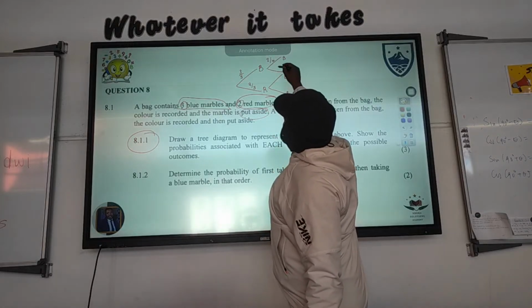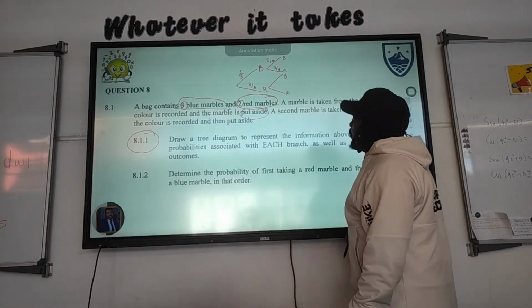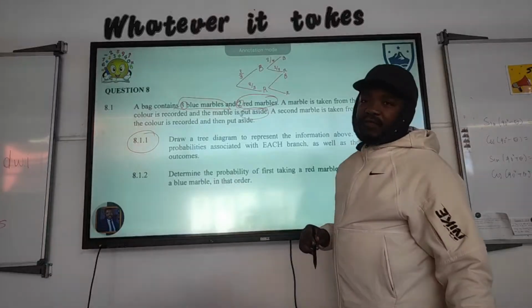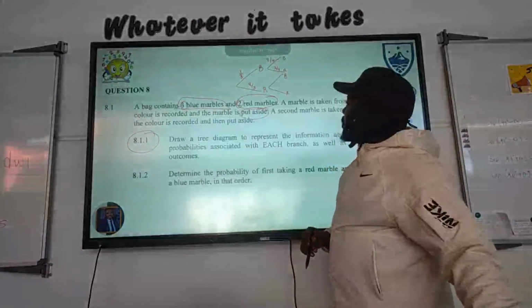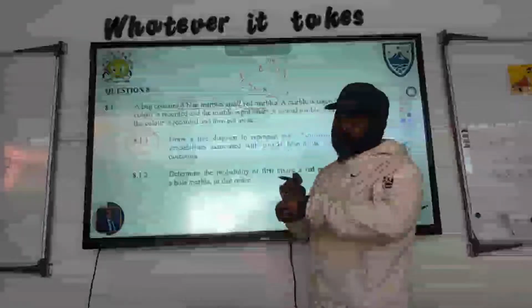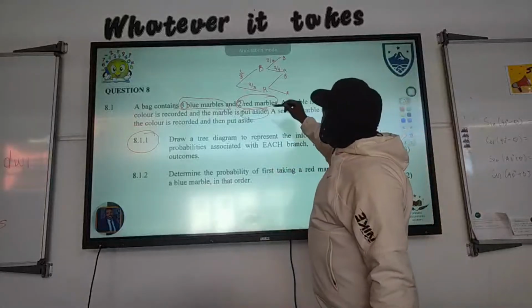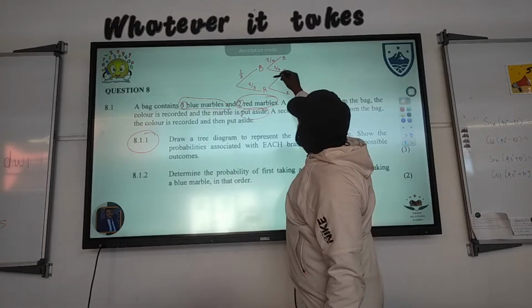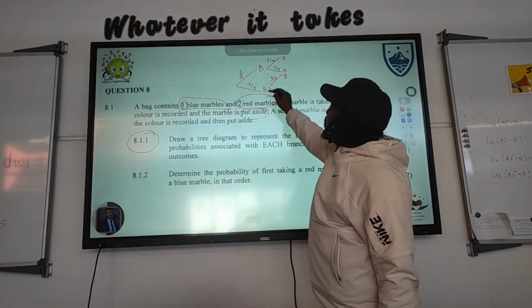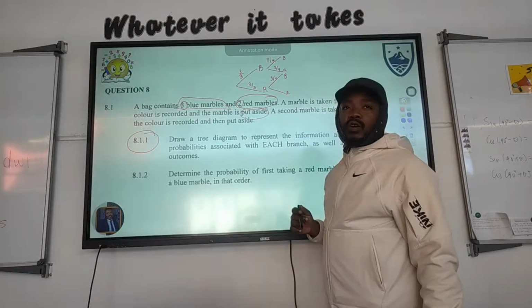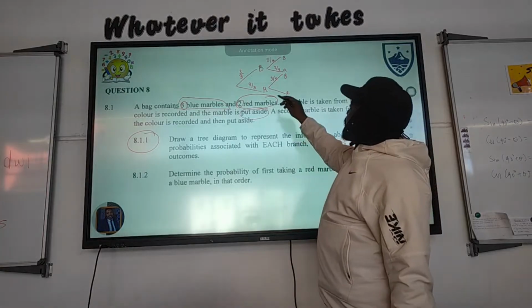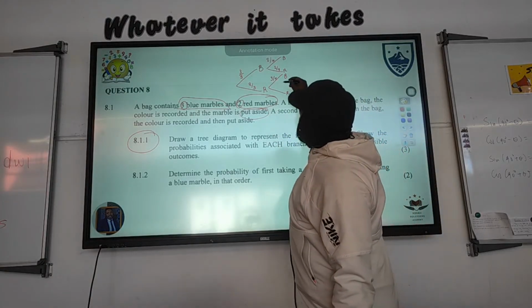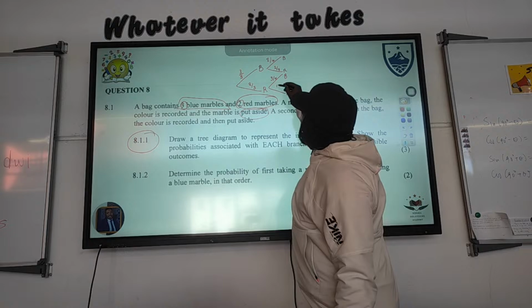And then for red, you still have 2 out of the total of 4. And then if the red marble was removed at first, we will still have 3 blue out of a total of 4, because we only have 2 reds. And then for the red ones, we'll just have 1 out of 4.